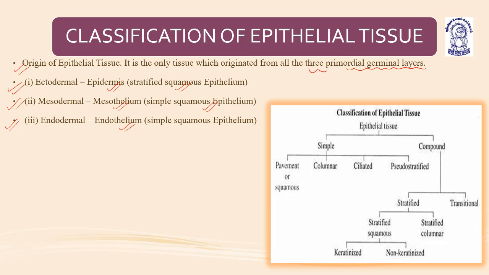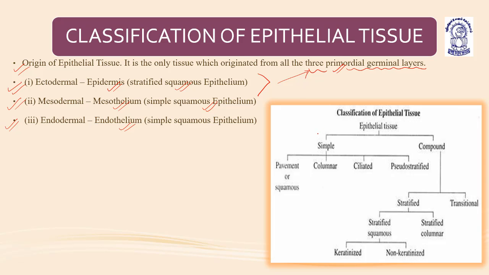So ectodermal includes stratified squamous epithelium, mesodermal means mesothelium, and endodermal means endothelium. This was the classification on the basis of primordial germ layers.